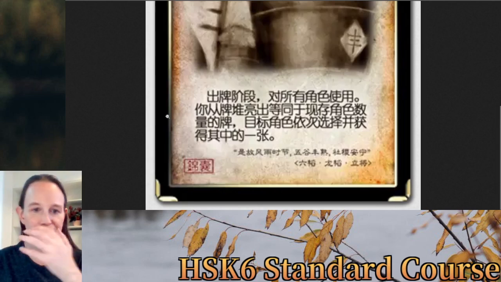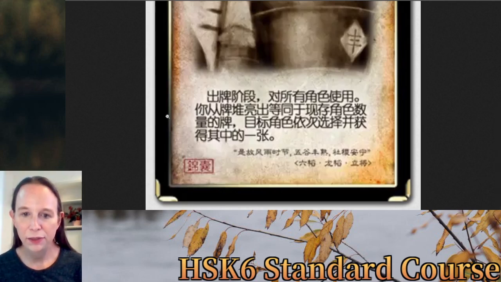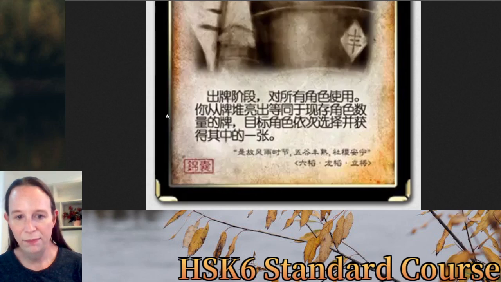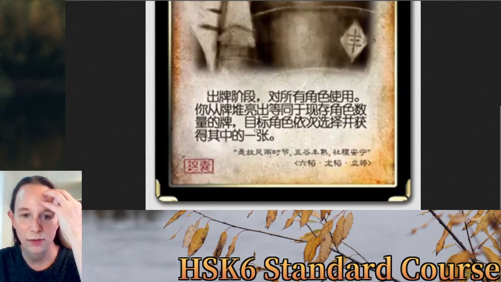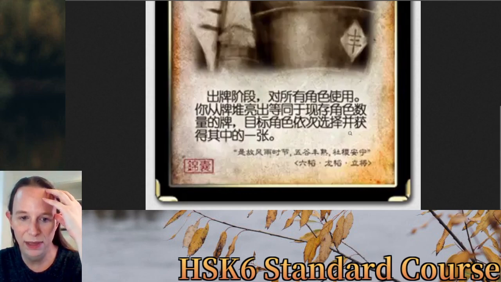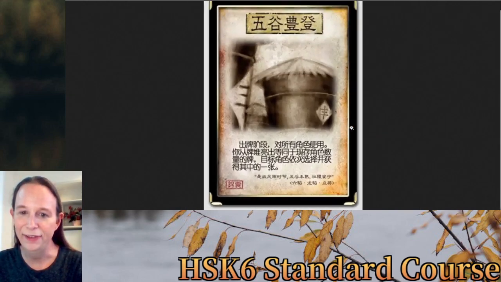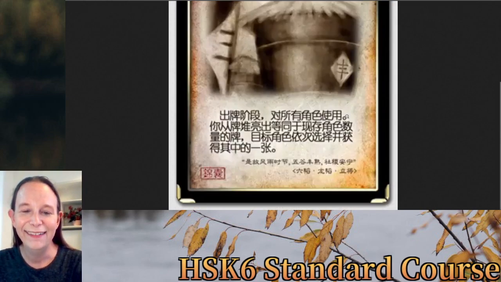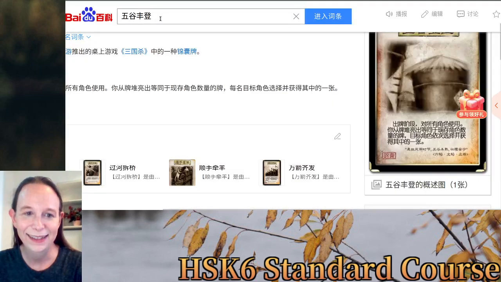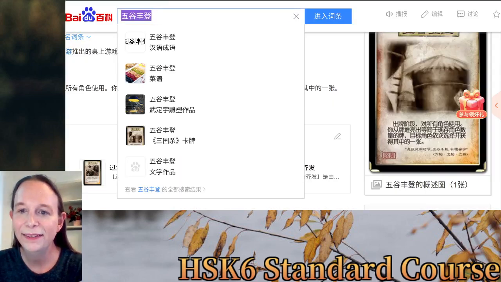But these are simplified. 出牌阶段对所有角色使用。你从牌堆亮出等同于现存角色数量的牌。目标角色依次选择并获得其中的一张。Okay, I forget what that means. Well, shall we ask? Where's the AI?